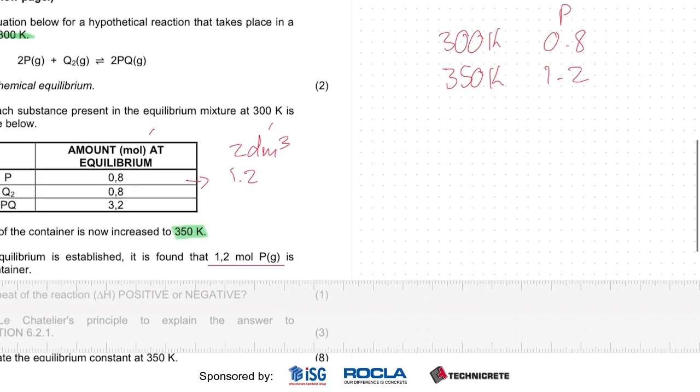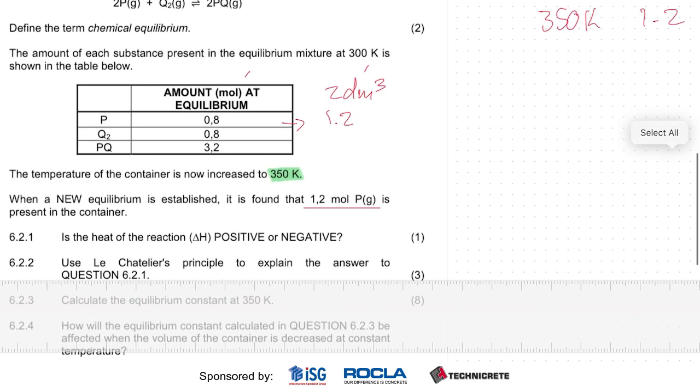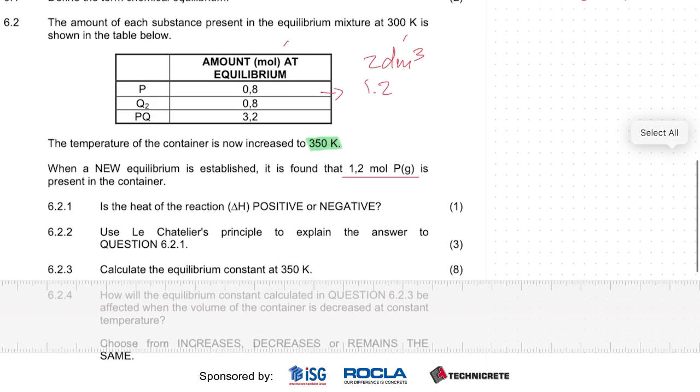So at higher temperatures, the equilibrium shifts this way and favors the reverse reaction. That tells us our forward reaction is probably exothermic, meaning it gives out heat. That means it's negative. So the heat of reaction is negative.